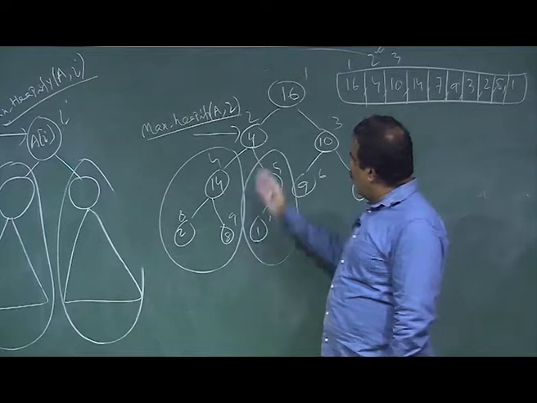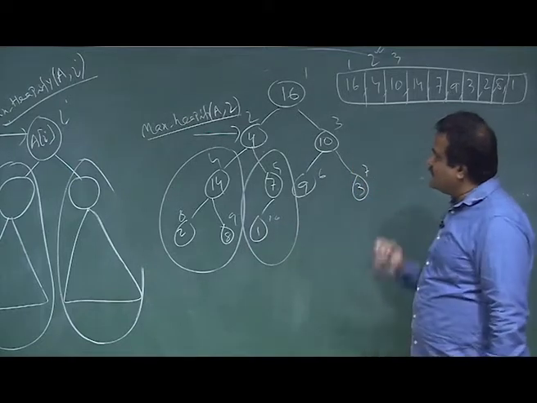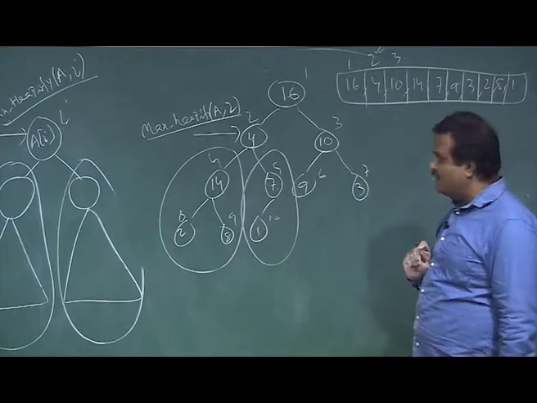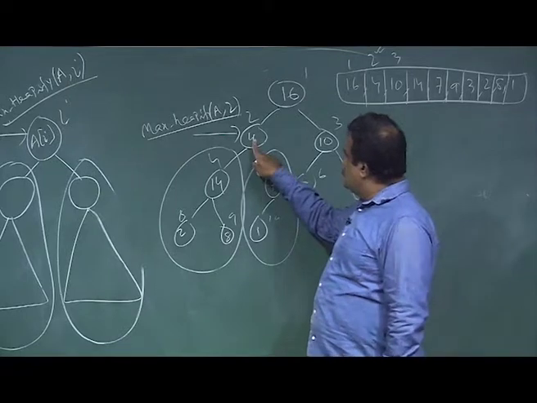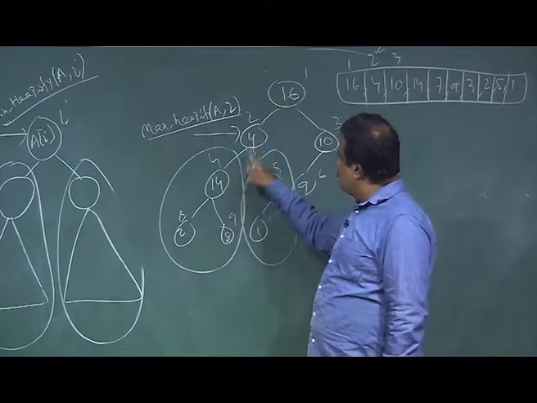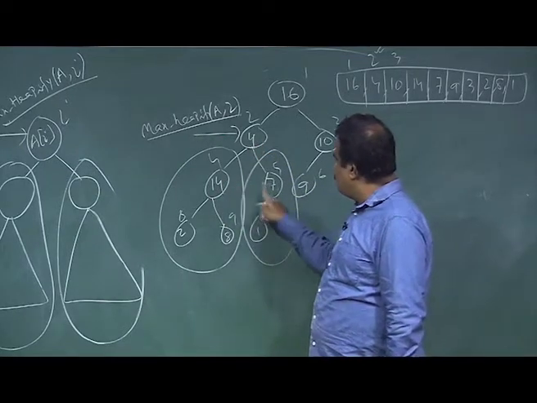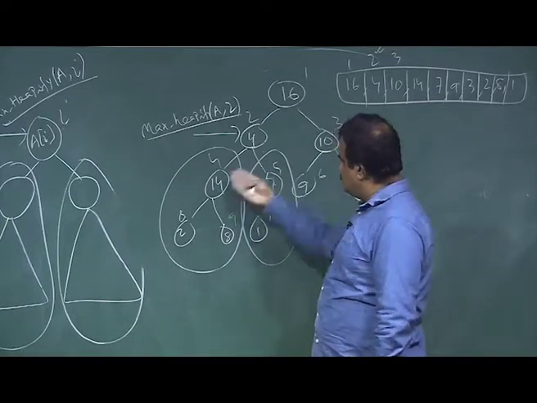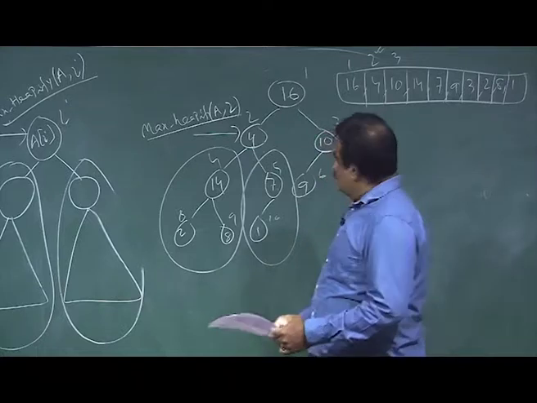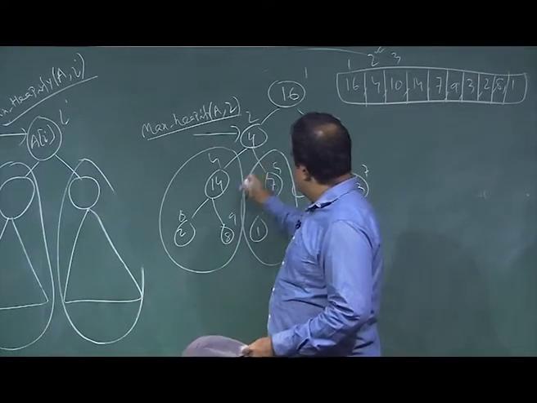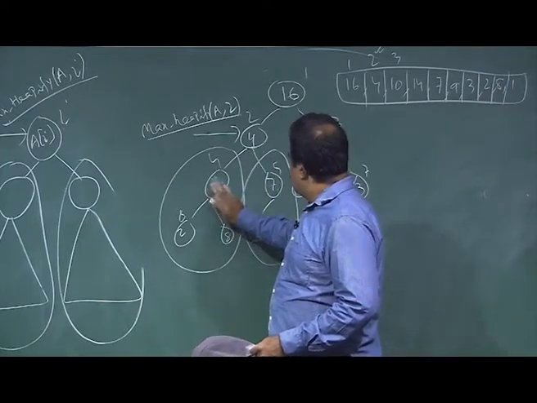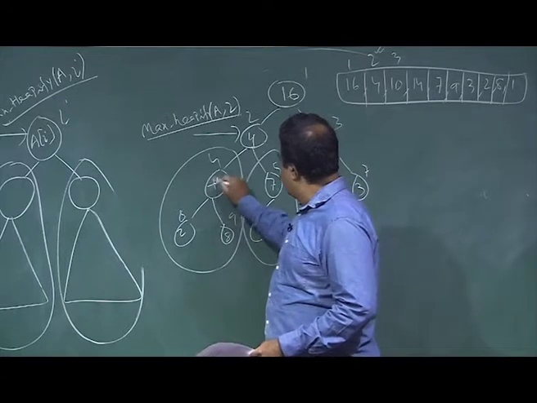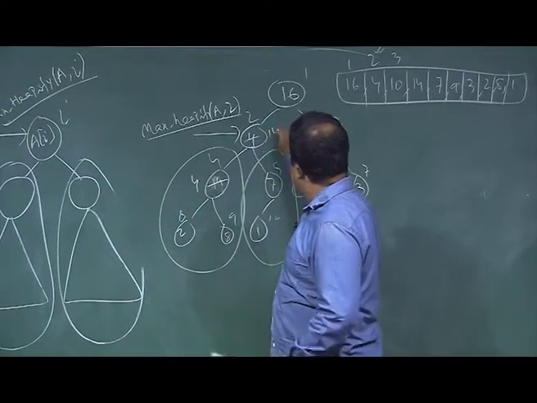Okay. So, now how can we fix that? The maxify subroutine works like this. This has a problem, so what we do? We replace this by the maximum of these two children. Among these, 14 is the maximum. So, now 4 will come here and the 14 will go here.